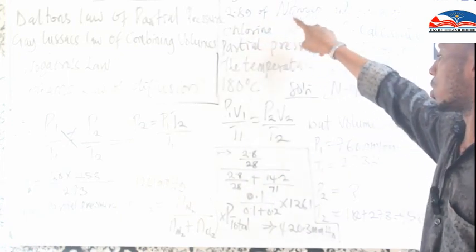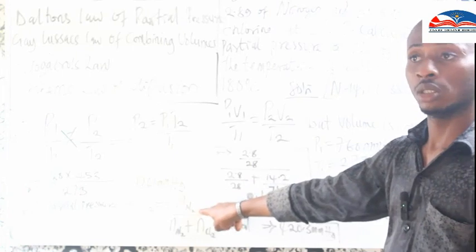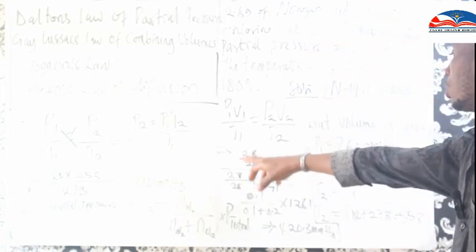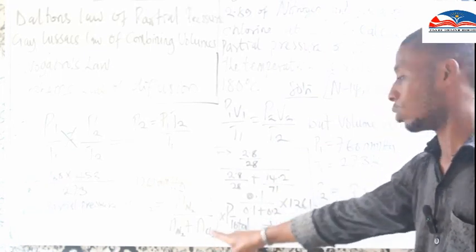Now 2.8 is the mass of nitrogen, all over 28 grams, which is 14 times 2, since it is N2. The next one, in the denominator, is the number of moles of nitrogen plus that of chlorine, which is 14.2 all over 35.5 times 2, since it is Cl2. That gives us 71.